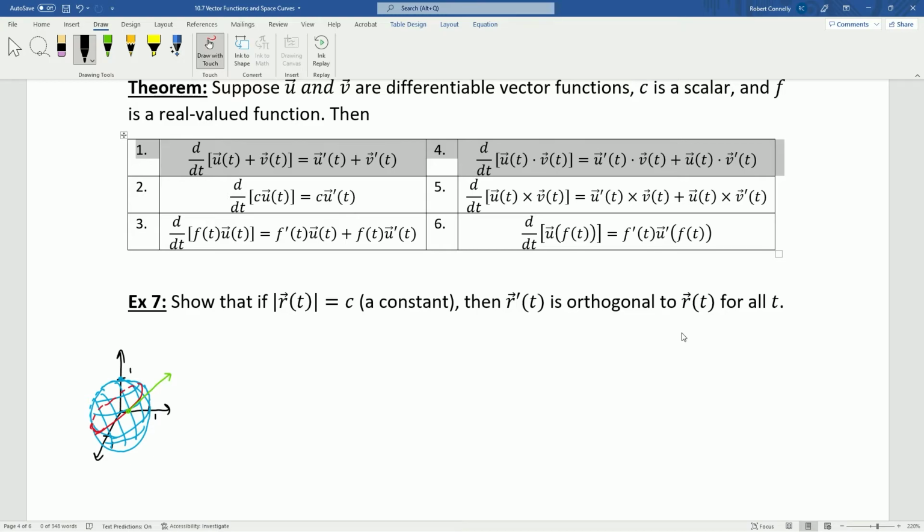We have two theorems that we've been using for this kind of thing most of the time, which is our theorem about dot products or our theorem about cross products. So we know if the dot product of two vectors is 0, then those two vectors are orthogonal. So that's what we really want to show: that r prime of t dotted with r of t is 0.